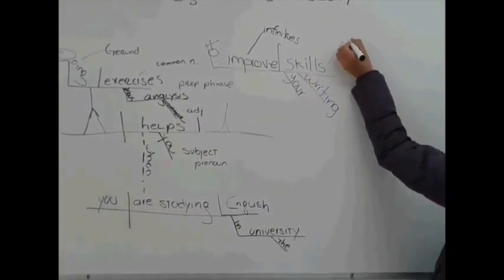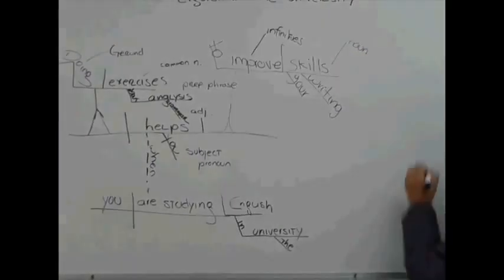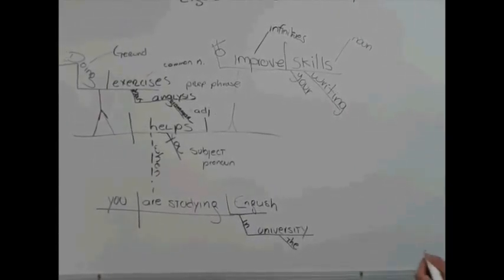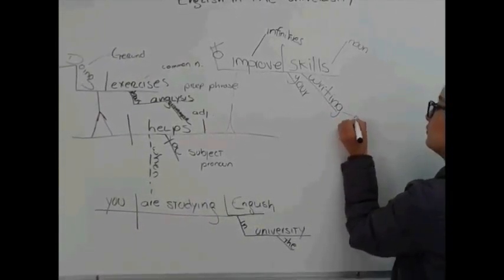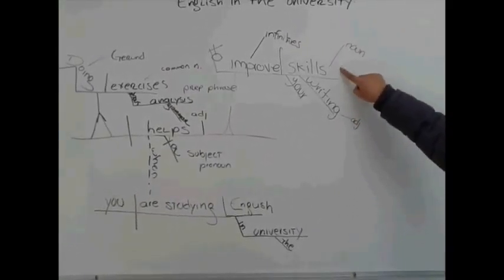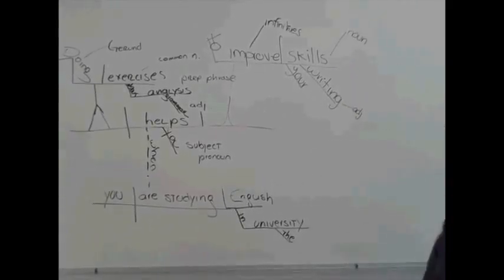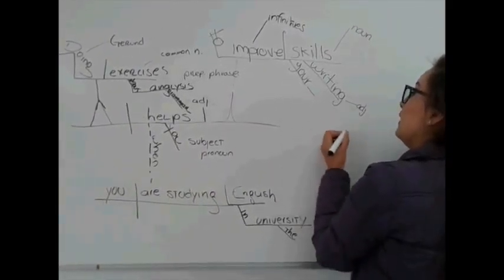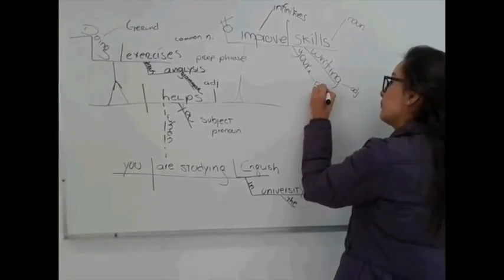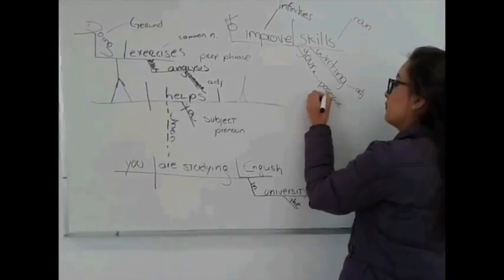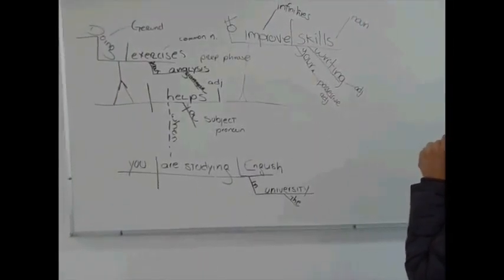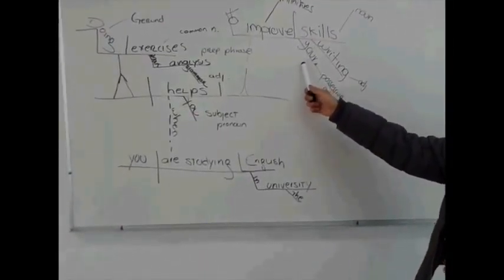It's a noun. Then we have writing. It's a noun, but it's working as an adjective. Why? Because this tells us what kind of skills: writing skills. Now we have here, as I already said, actually it's a possessive pronoun, but here it's working as an adjective.